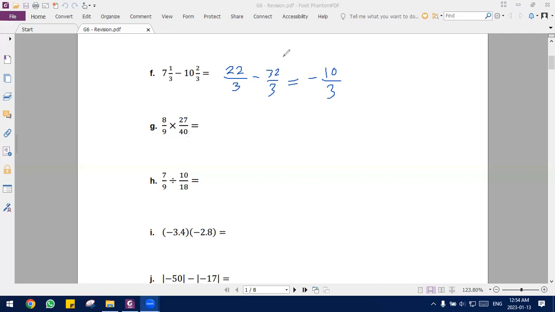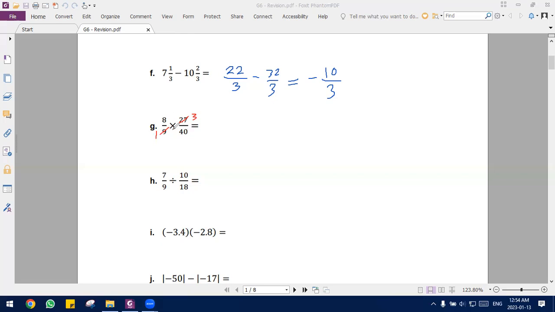How? We choose one value from the numerators and one value from the denominators, and then we try to divide them by the same value. For example, 9 and 27, these both can be divided by 9. So 9 divided by 9 is 1, and 27 divided by 9 is 3. Then next one, I have 8 and 40.